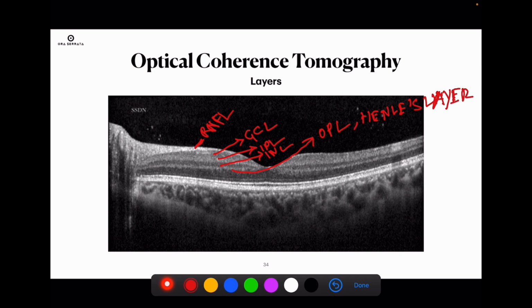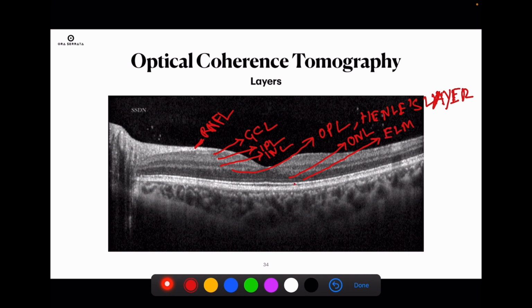Then after Henle's layer is your outer nuclear layer. Here is the very important structure that we talked about, the external limiting membrane.